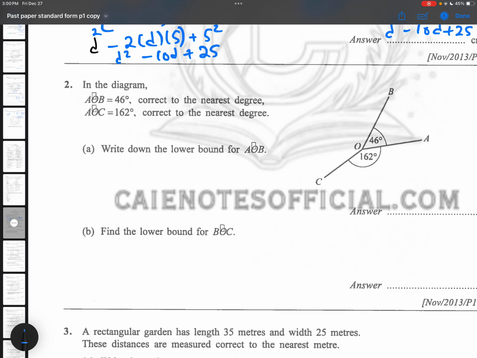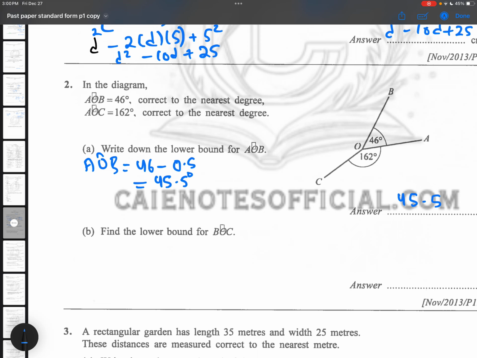If this is correct to the nearest degree, for the lower bound for AOB we have to subtract 0.5 from 46. So 46 minus 0.5 is equal to 45.5 degrees. So this is the lower bound for AOB.